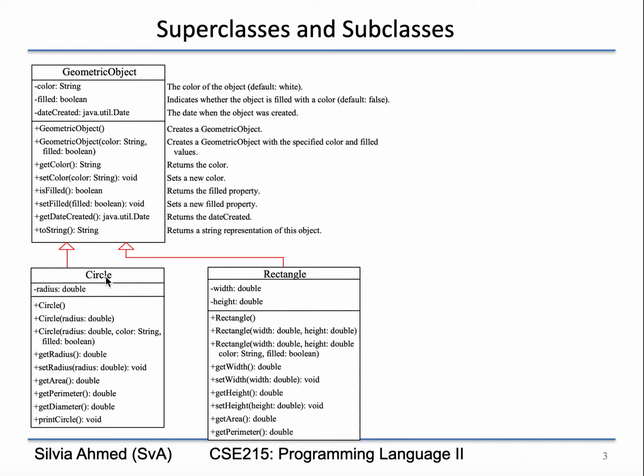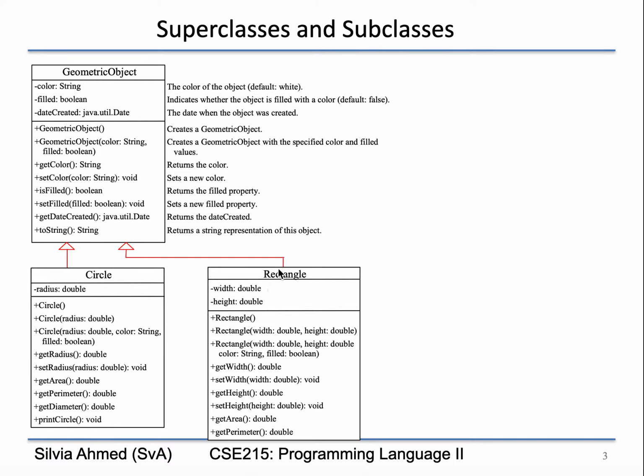So circle has the basic geometric object things, and additionally it has this radius field and other methods. In that sense, circle extends geometric object. This extends relationship is named inheritance. That means circle inherits the properties from geometric object, and then it has its own properties.